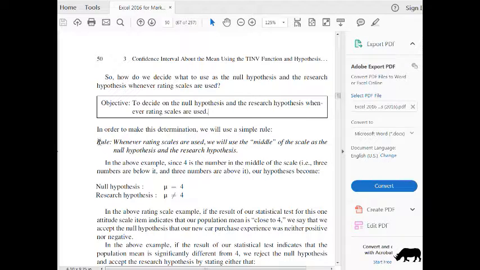Rule: whenever rating scales are used, we will use the middle of the scale as the null hypothesis and the research hypothesis. Null hypothesis: mu equals 4. Research hypothesis: mu does not equal 4.